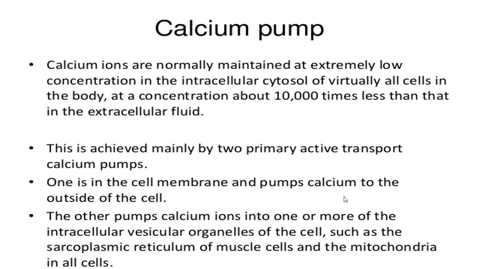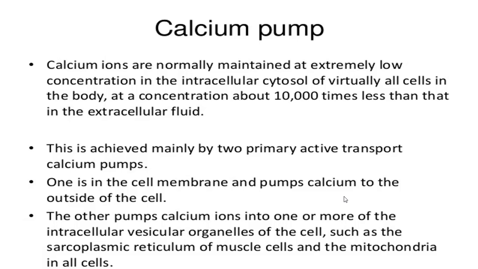Then we have the calcium pumps. These are very important pumps, and they are utilized to store calcium. The calcium ions inside the cell are present in a very, very small amount. Here it is written that calcium is 10,000 times less inside the cell as compared to the outside of the cell, the extracellular environment.